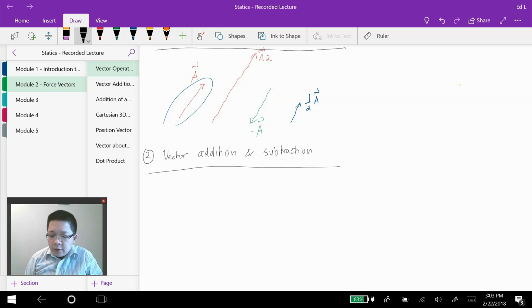Notice that I'm pretty sure you have learned how to do factor addition and subtraction by using the Cartesian components of the factors. But here, we are not doing that method yet.